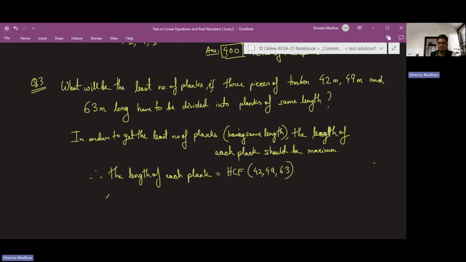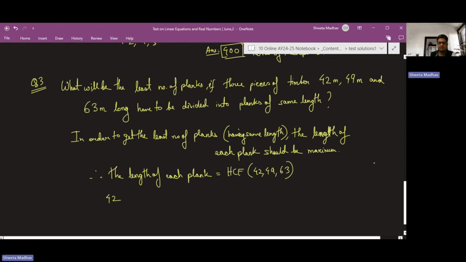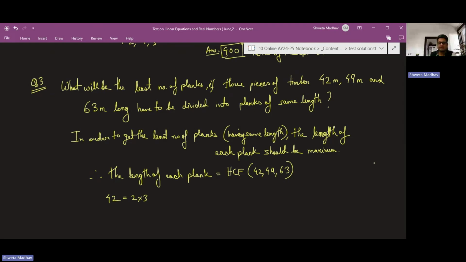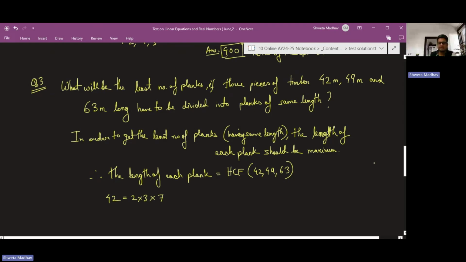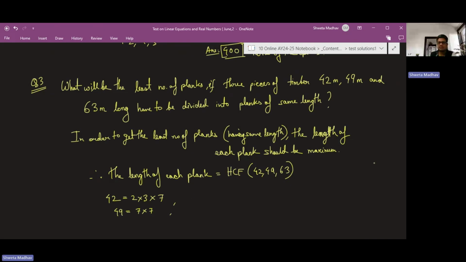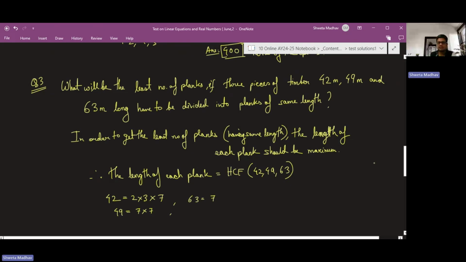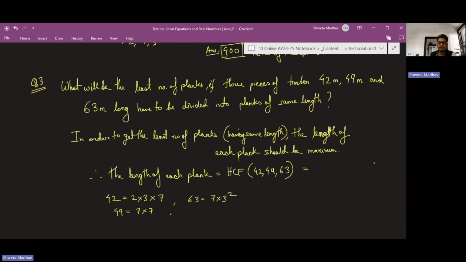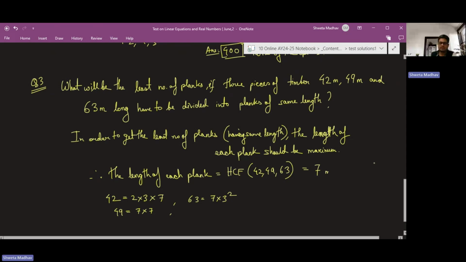If we take the prime factorization, 42 is 2 into 3 into 7, 49 is 7 into 7, and 63 is 7 into 3 square. So the HCF is 7. So 7 meter should be the length of each plank.